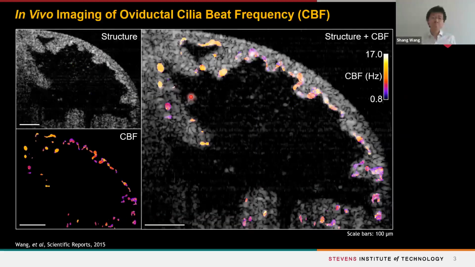Over the years, we have been continuously working to resolve this technical challenge and make possible in vivo studies of mammalian oviductal structure, function, and dynamics with high resolution.